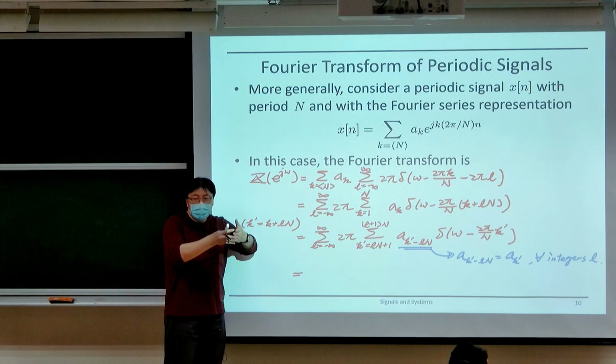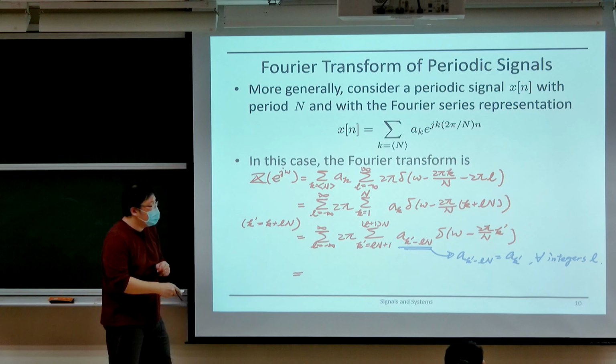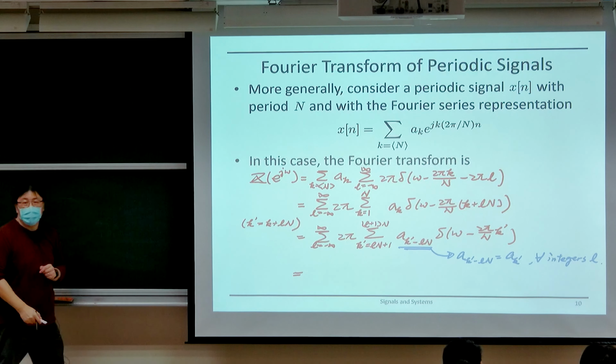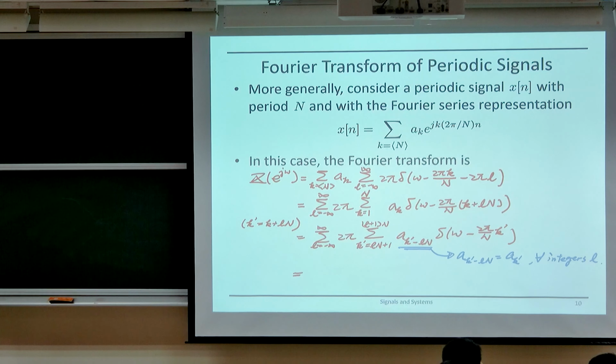consecutively, so if you span them out, you are essentially summing over all values of k'. So this is the summation of k' from minus infinity to infinity of 2 pi a_k' delta(omega minus 2 pi over N k').